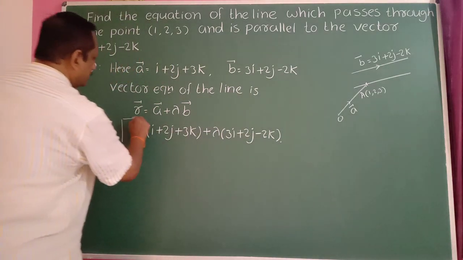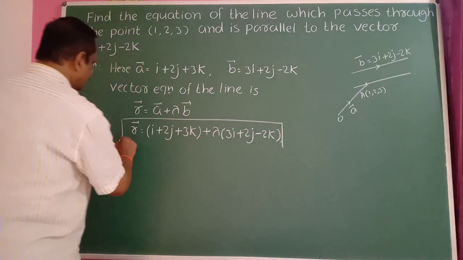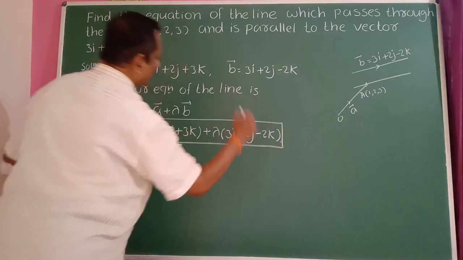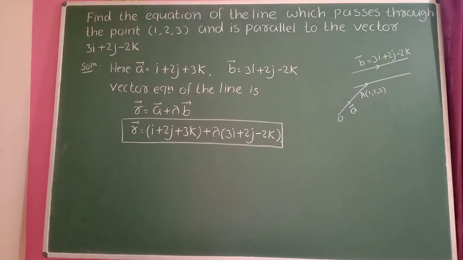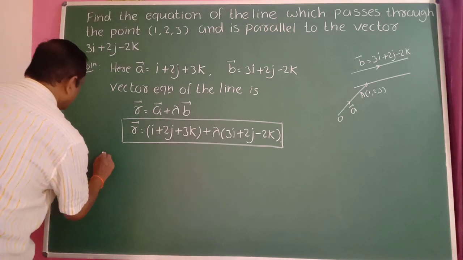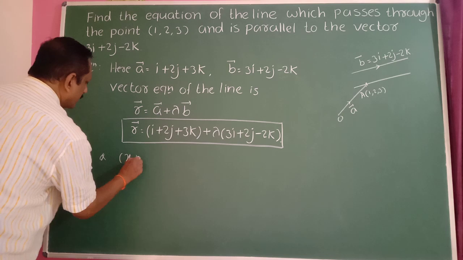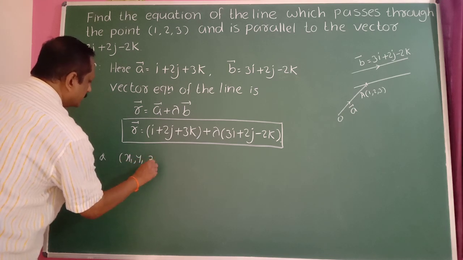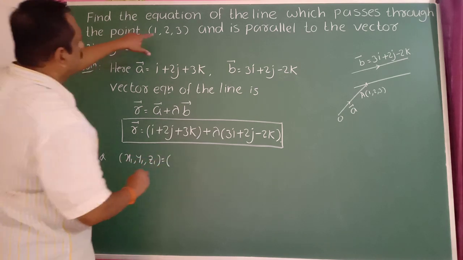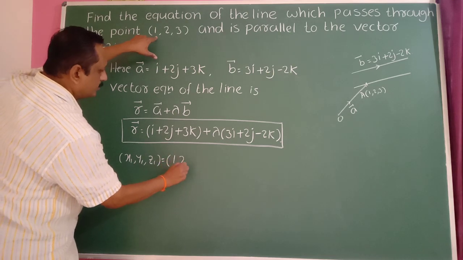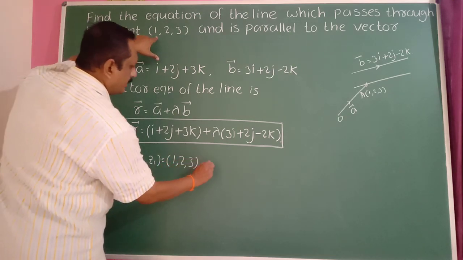Okay, so this is the vector equation of the line. And if you want the equation of the line in Cartesian form, x1, y1, z1 is equal to 1, 2, 3.